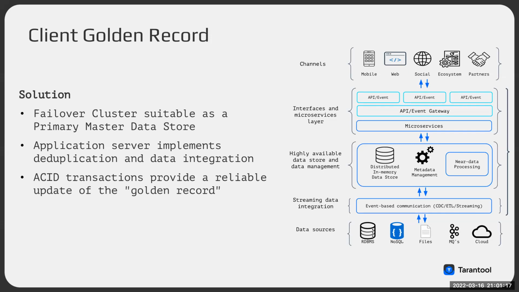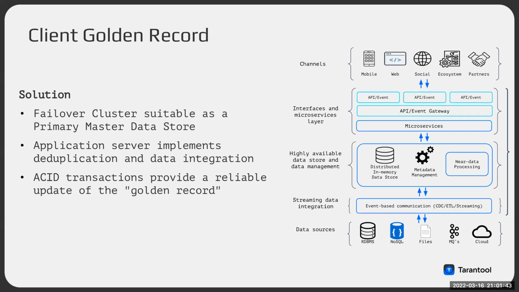It will be realized via similar mechanisms. So for primary records that may create a new golden record or may update an existing golden record, we use event-based communication. We either use streams, Kafka streaming, or we use CDC.